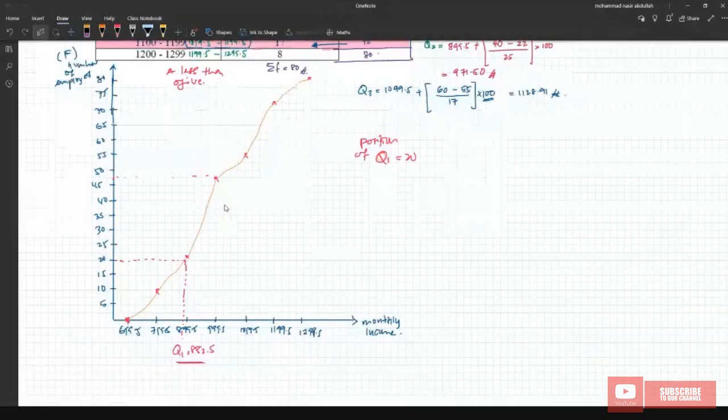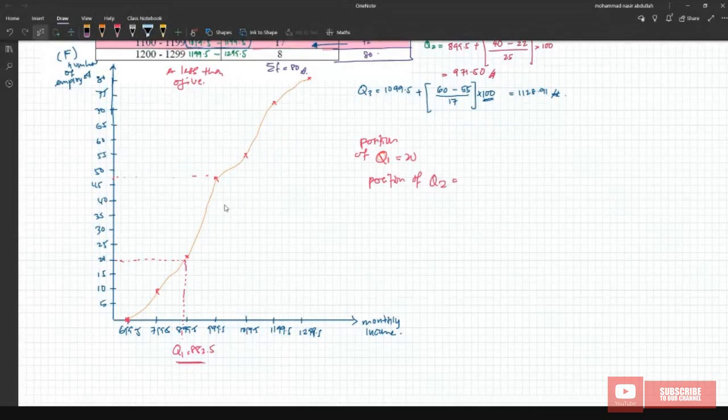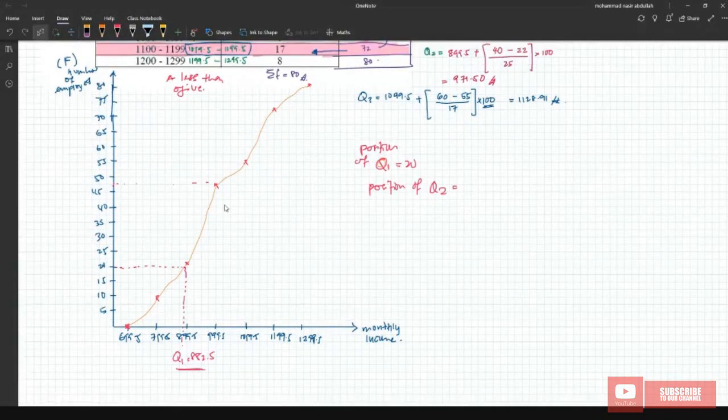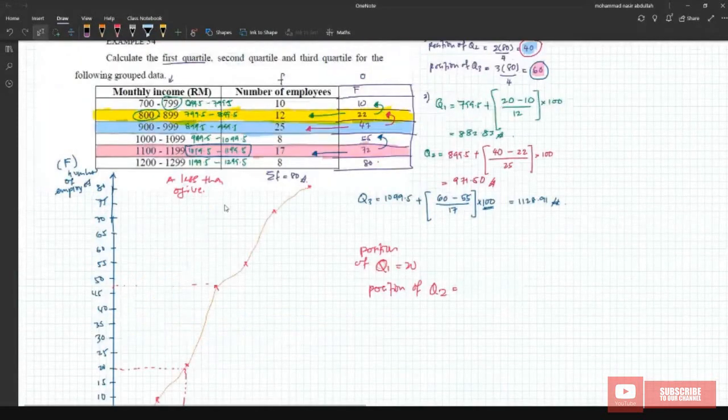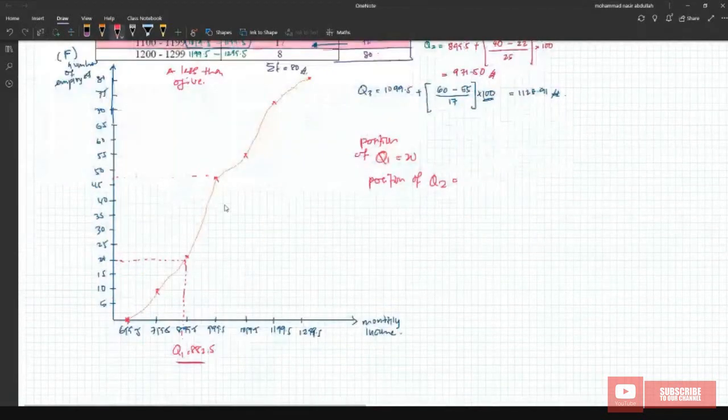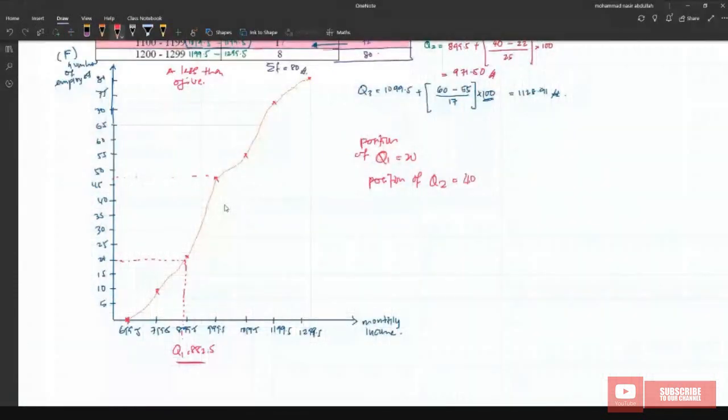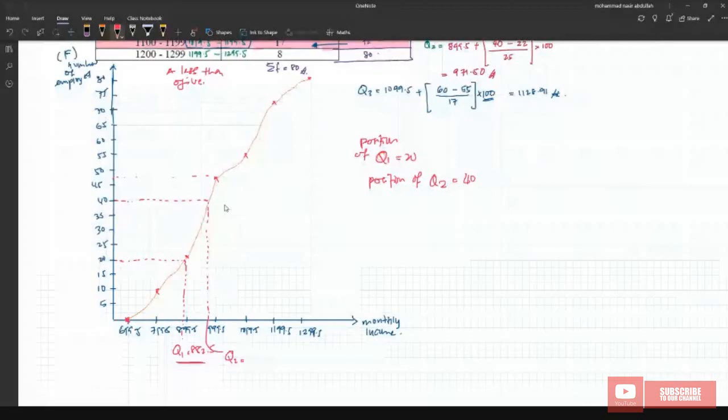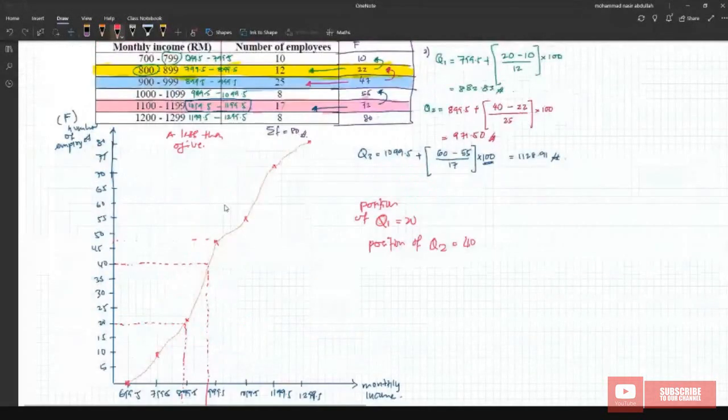For position of quartile number 2 is equal to 40. Right? So you need to draw from 40. You will get position number 2, quartile number 2. So this is quartile number 2, which is equal to, sorry, equal to 970 something.